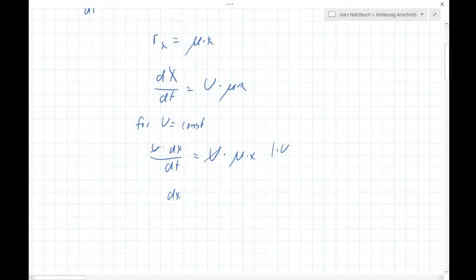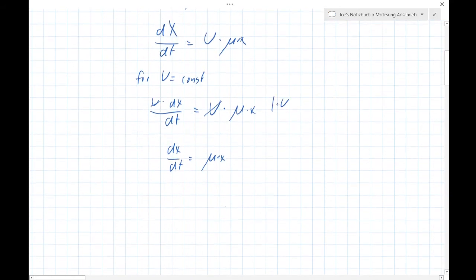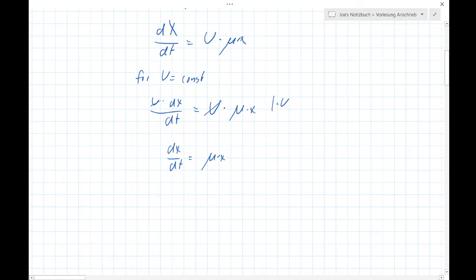First of all, we have dx/dt is equal to mu x, and now we can write that as the integral from x0 to x of dx divided by x is equal to, we separate the variables, the integral from 0 to t of mu dt.